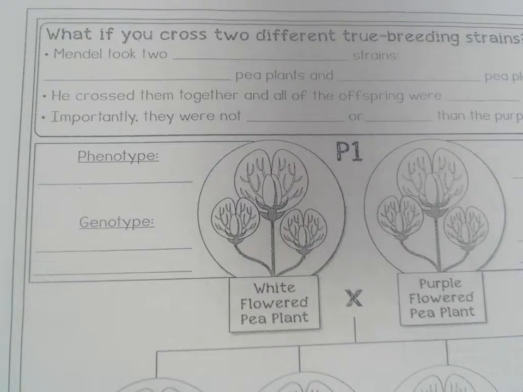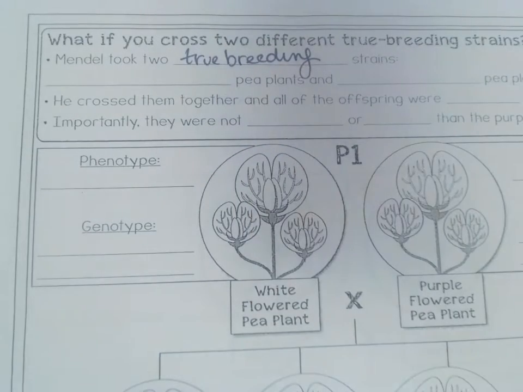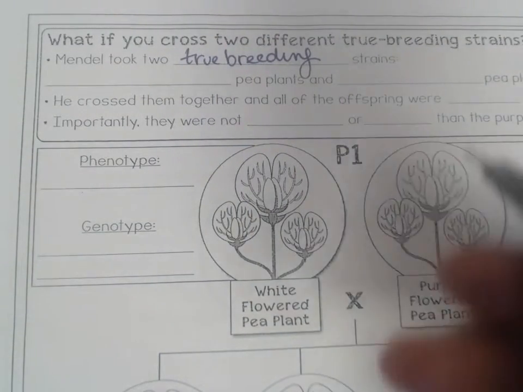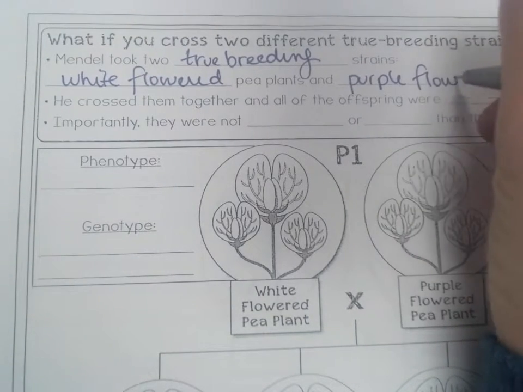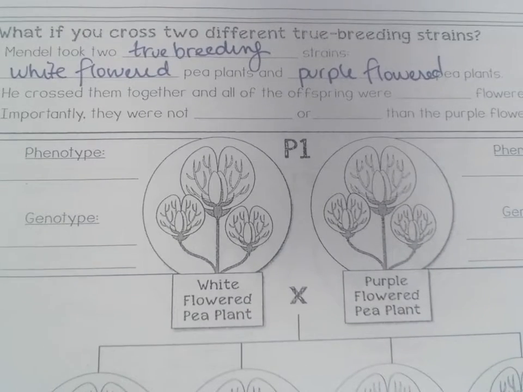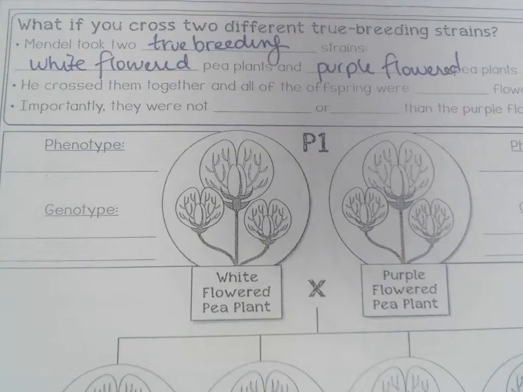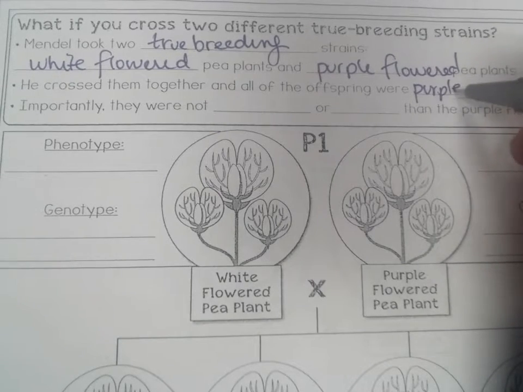But what happens if we take a purple and a white? So Mendel took two true breeding strains, white flowered pea plants and purple flowered pea plants, and he crossed them together, and all of the offspring ended up being purple flowered.